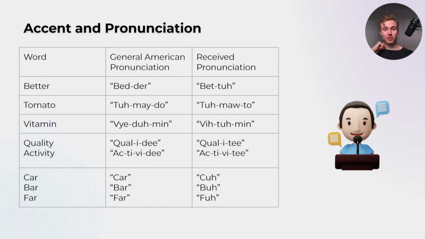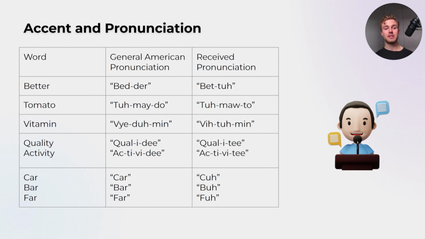As I said before, I am Canadian, so I speak more like an American. I'm going to try to pronounce the received British pronunciation of these words as well, but of course I'm not British, and a native speaker from the UK could definitely pronounce them much better than I could. But I'll give it a try.